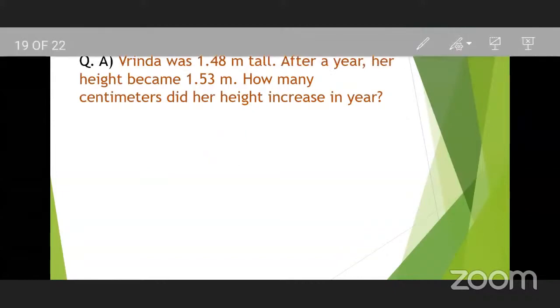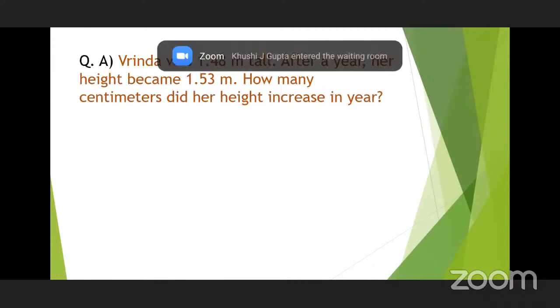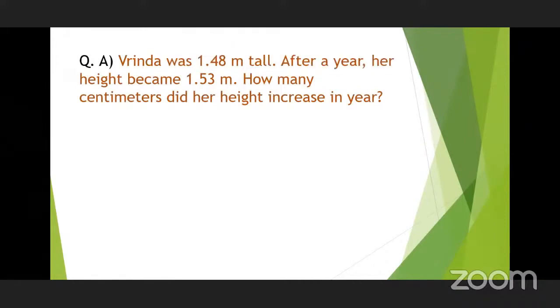Vrinda was 1.48 meter tall. After a year, her height became 1.53 meter. Now, how many centimeters did her height increase in a year?